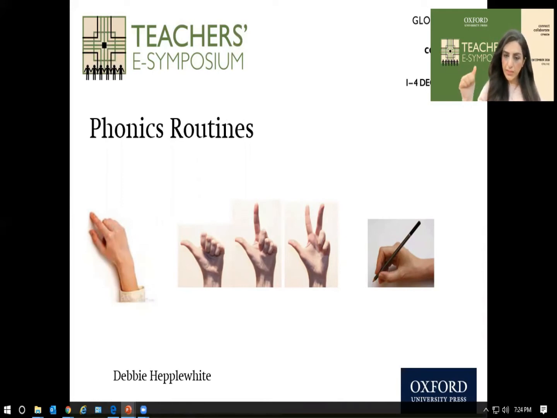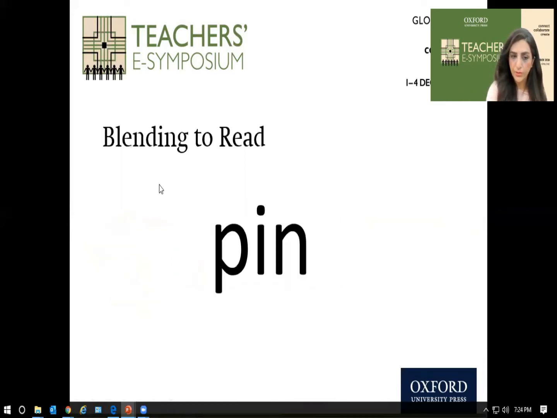For segmenting, students identify the sounds. You stick out your thumb to identify the first, second, and third sound, and identify how many sounds there are. Once you've figured out how many sounds, you put those sounds in writing using the letters that represent them. And for handwriting, of course, you've got to develop the tripod grip.